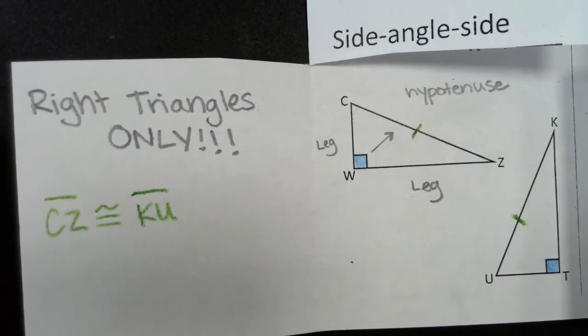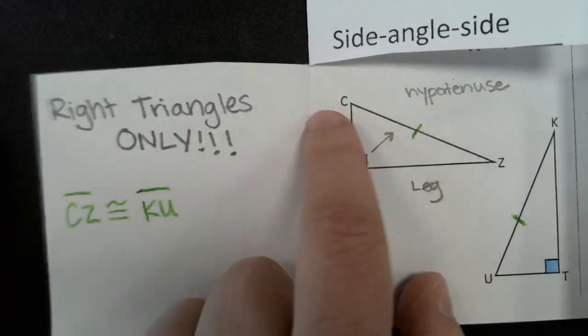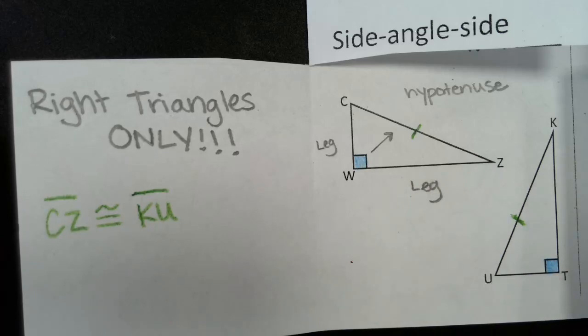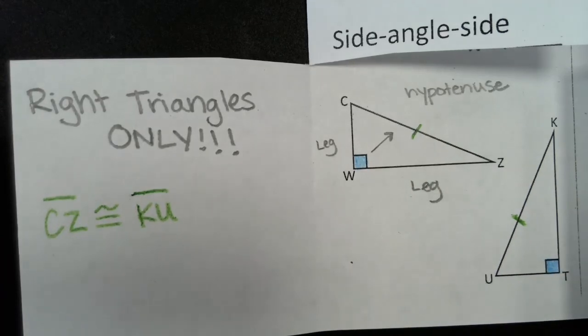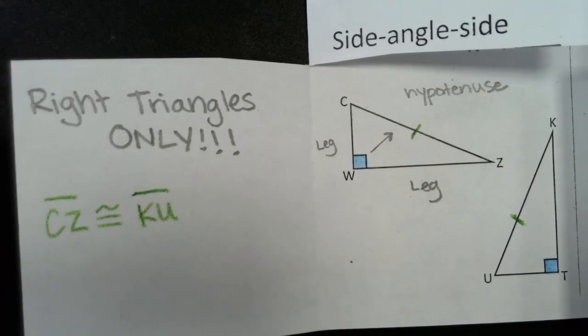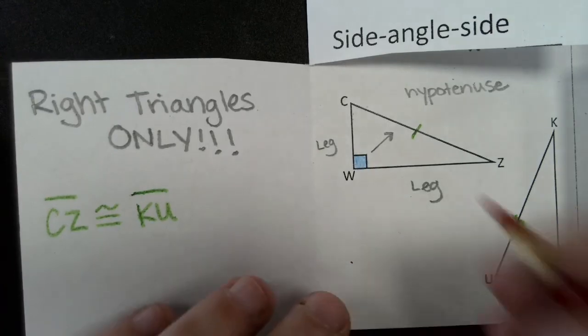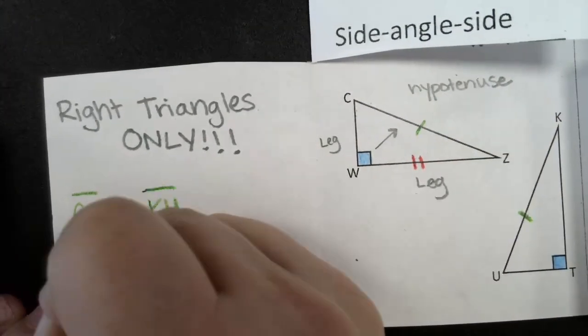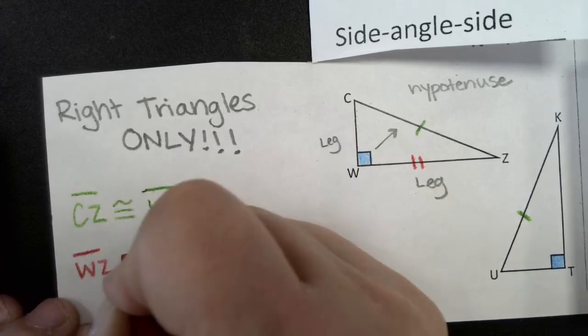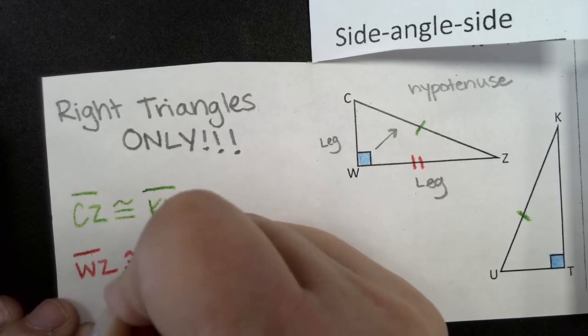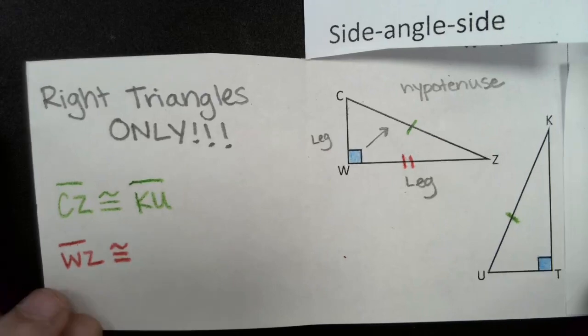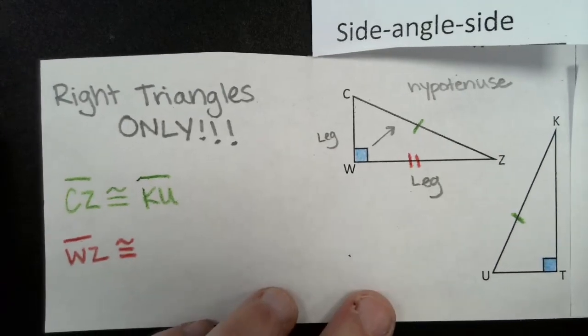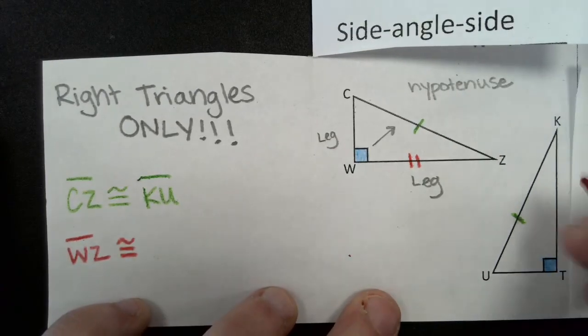And then it doesn't matter which leg, as long as one of the legs is congruent. It could be the shorter leg or the medium-sized leg. Doesn't matter. We can pick. Which one do you guys want? Do you want CW or WZ? WZ. Okay. So WZ, one of the legs is congruent to the other leg. And WZ in this case would match up with TK.